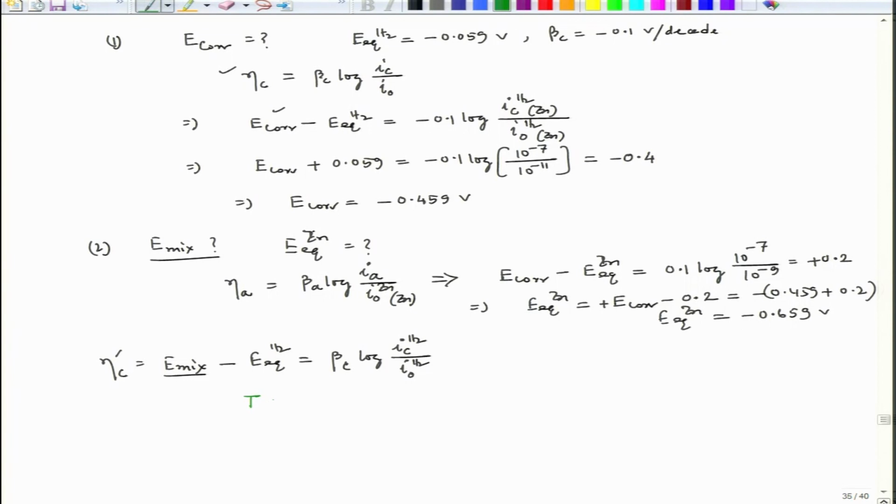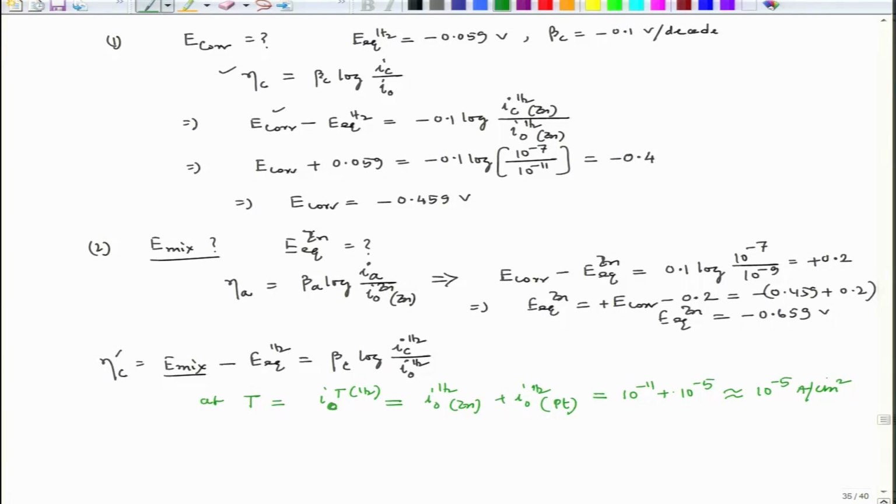At T, IC hydrogen, or IC total, if I put I0 total for the hydrogen reaction equal to I0 hydrogen over zinc plus I0 hydrogen over platinum, equals 10 to the power minus 11 plus 10 to the power minus 5, which we can consider as 10 to the minus 5 ampere per centimeter square.